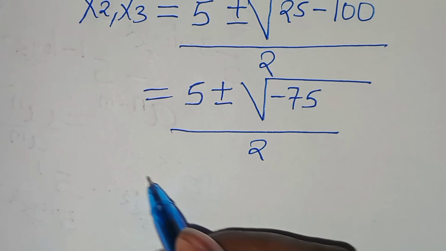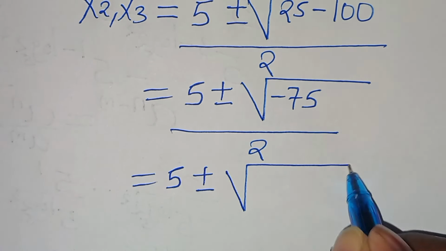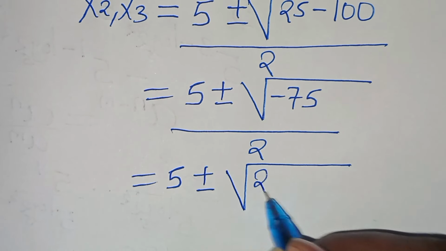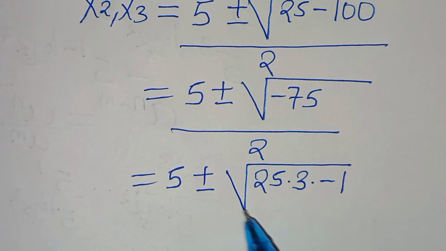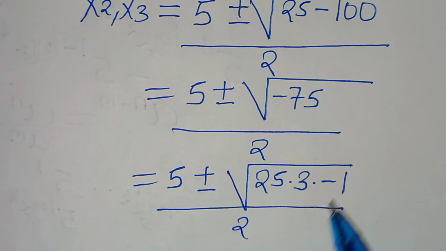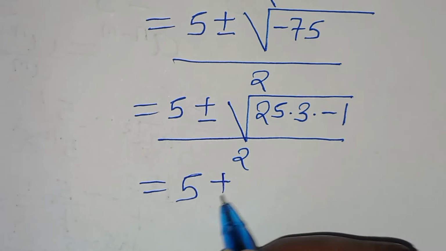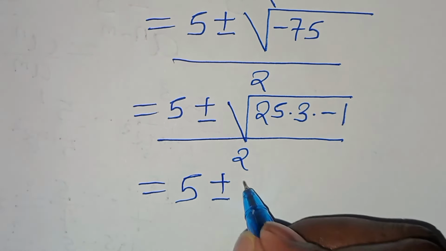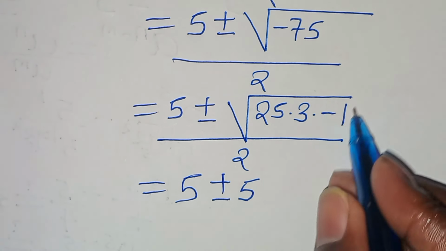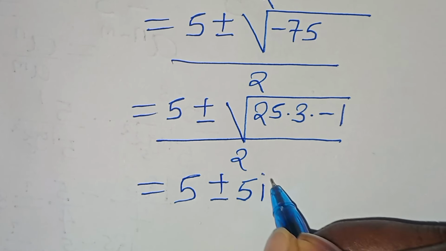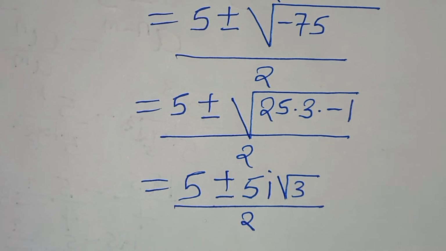So this implies we have 5 plus or minus, we can express the square root of minus 75 as the square root of 25 multiplied by 3 multiplied by minus 1, everything divided by 2. So that now this is 5 plus or minus the square root of 25, this is 5, the square root of minus 1, this is i, then square root of 3, everything divided by 2.